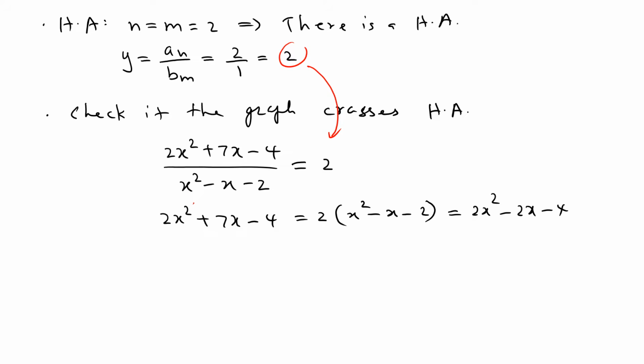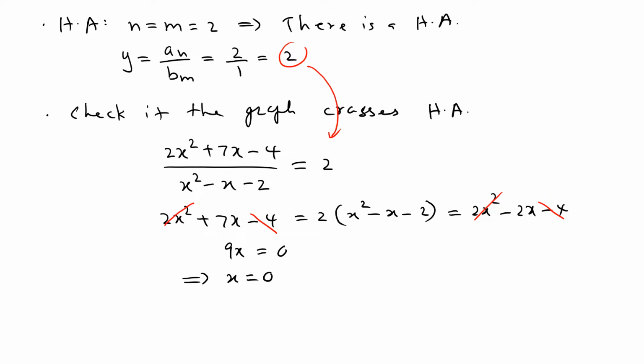And then you can see that the x squared terms cancel, and then you can bring negative 2x to the left side, so you get 9x. Also negative 4 and negative 4 cancel, leaving 0. So that means x equals 0. So at x equals 0, the graph crosses the horizontal asymptote.